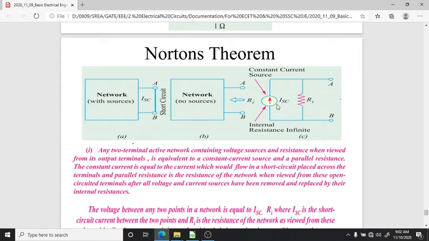Then to calculate Norton's resistance, Ri or Rn, open the load terminals, look in from the load terminals and calculate the equivalent Norton's resistance. This is similar to Thevenin's resistance.